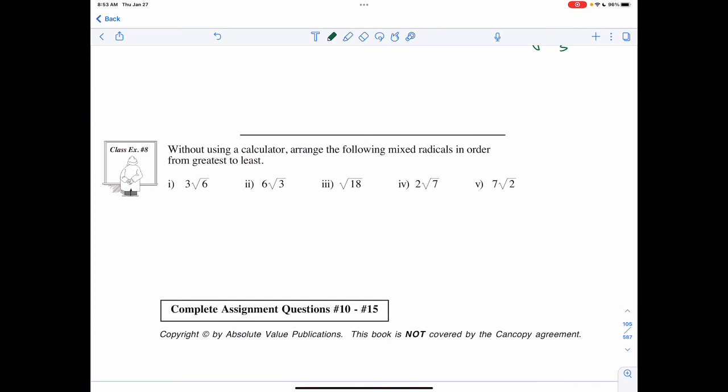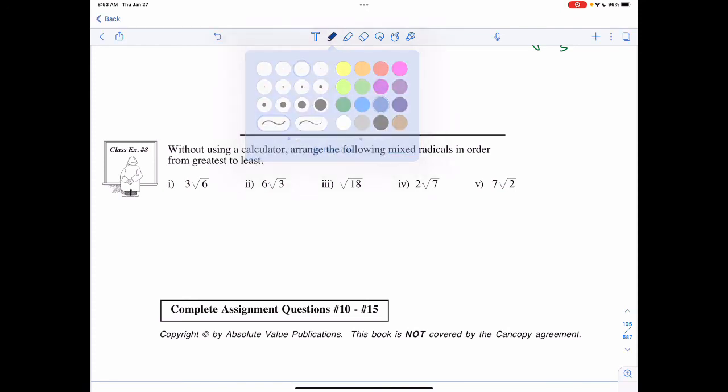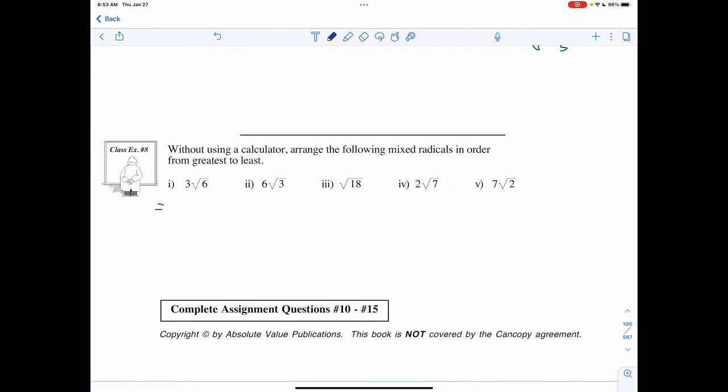If it wants us to arrange mixed radicals in order from least to greatest, if we need to see them without dealing with the decimals, then it's a fancy way of saying put them all into entire radicals and you can see which is bigger and which is smaller. So when I take 3√6 and I want to turn it into an entire radical, it's the same as the square root of 3 times 3 times 6, or square root of 54.